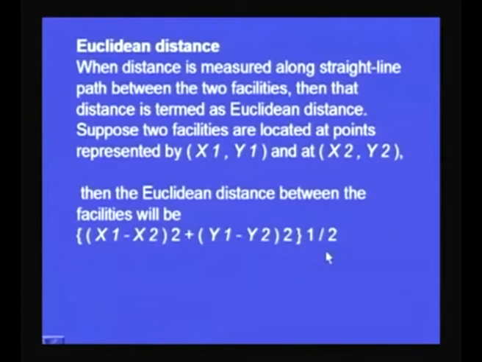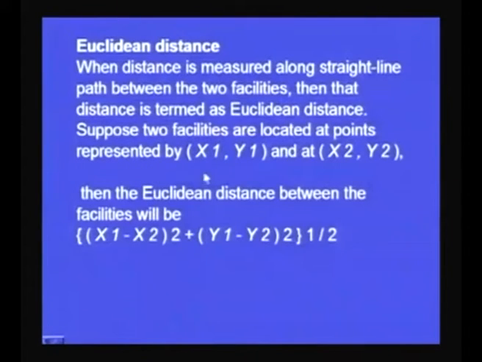Now coming on to the Euclidean distance, when the distance is measured along a straight line path between the two facilities, it is not orthogonal, it is a straight line path between two facilities, then that distance is termed as Euclidean distance. That type of distance we call the Euclidean distance.